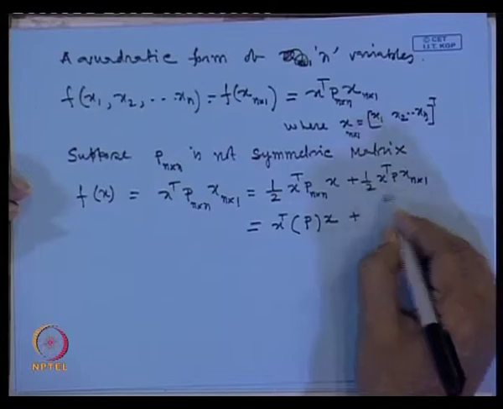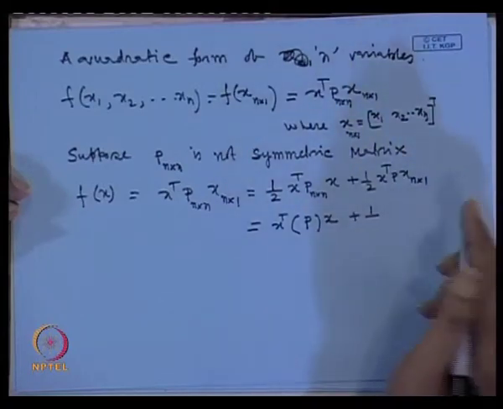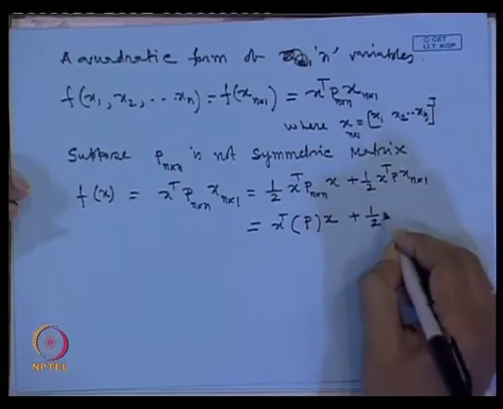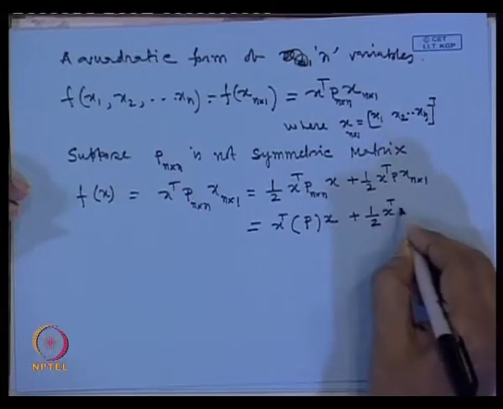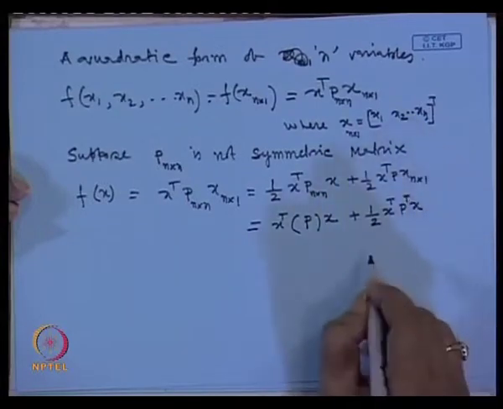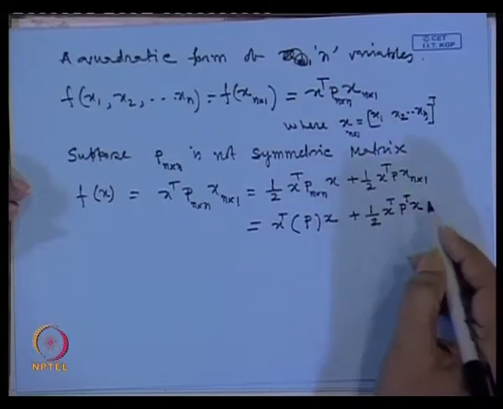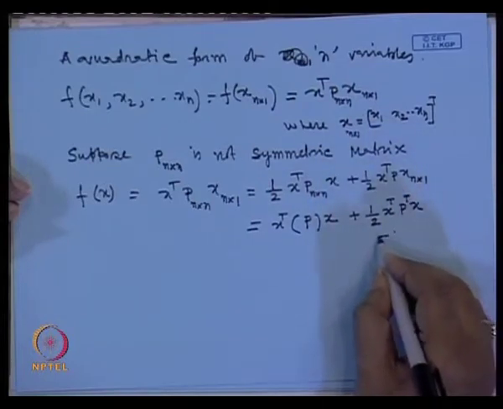Since it is a scalar quantity, I can take the transpose of one of them. So, x transpose P x, that transpose, since I have considered it is not a symmetric matrix, will be P transpose.